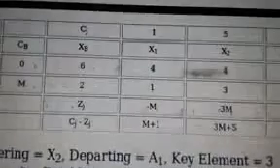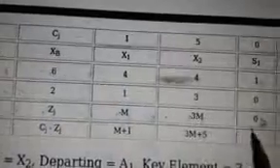Now you have to find out Zj, and then Cj minus Zj. You have to find Zj first. Here Zj is equal to minus M, and Zj is equal to minus 3M, Zj is equal to 0, then Zj is equal to M, Zj is equal to minus M. How?